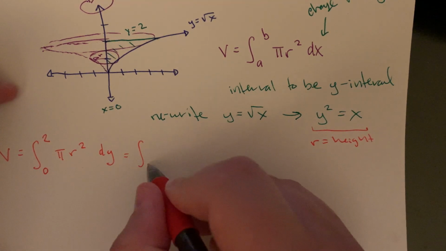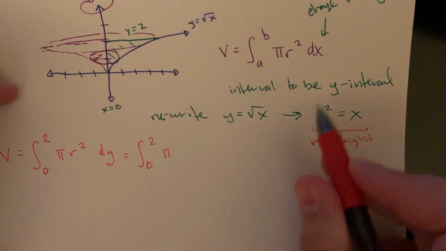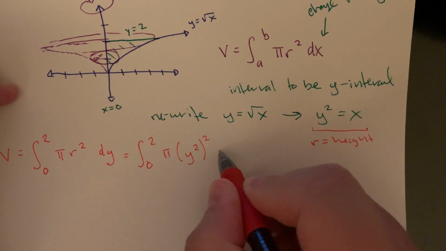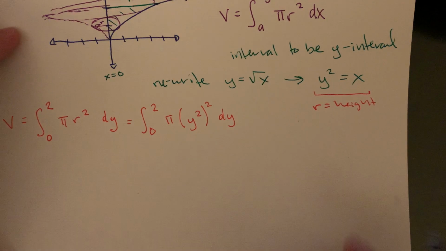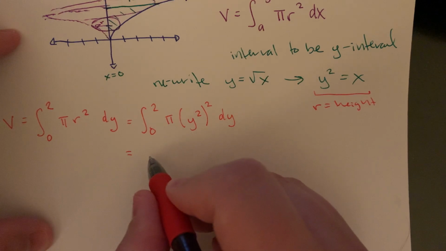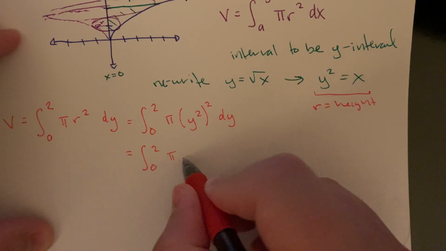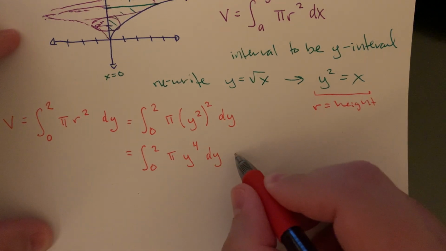So from 0 to 2, pi times, what's my function? x equals y squared, quantity squared, dy. I want to say we've literally done this before, even though I don't have that right next to me at the moment. So simplify: y to the 4 dy.